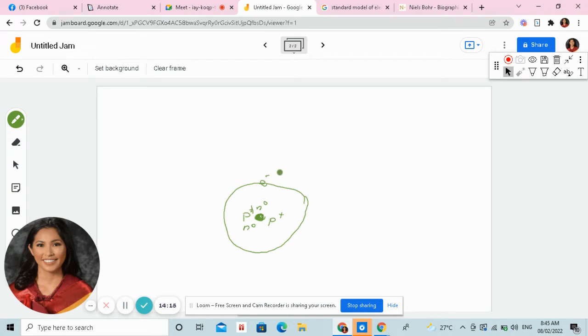Bohr was confused that why if the nucleus is made up of protons and neutrons, and then the electrons reside on the electron cloud around the nucleus.